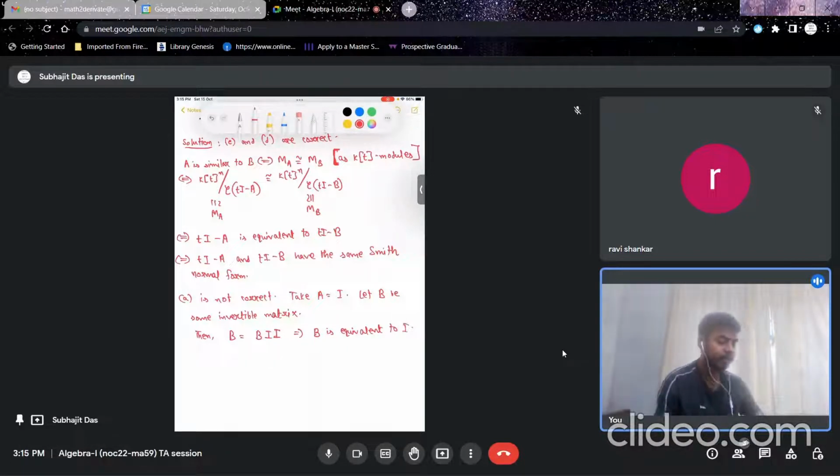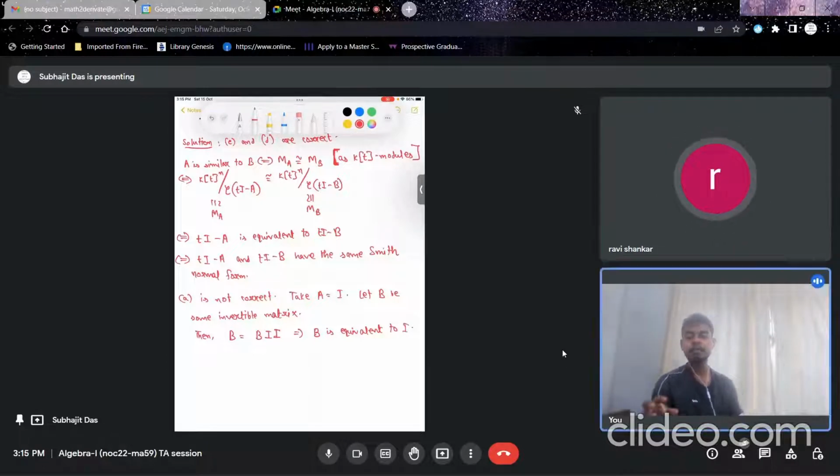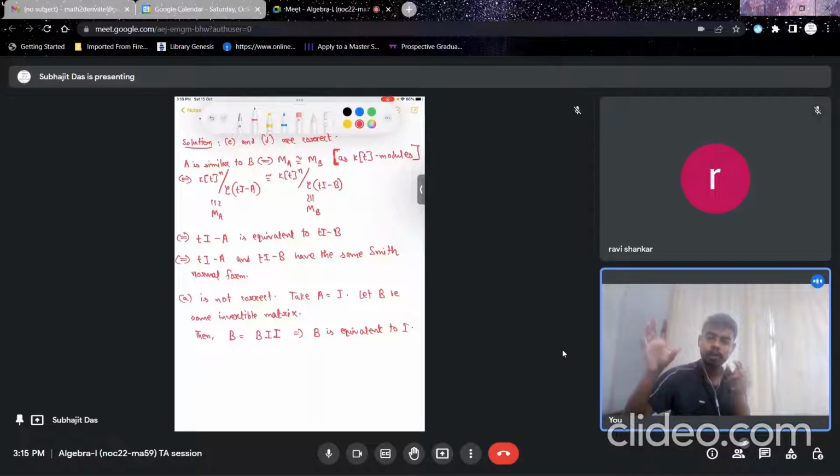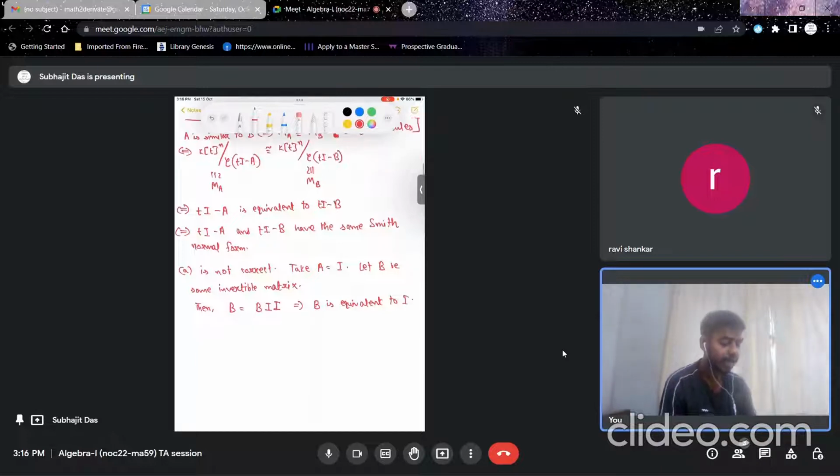Because by the definition of equivalence, you can come up with invertible matrices Q and P such that B is equal to Q A P. So in this case B and I are equivalent, but can B be similar to I?